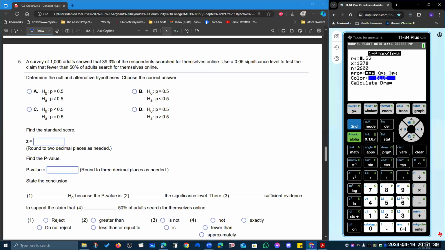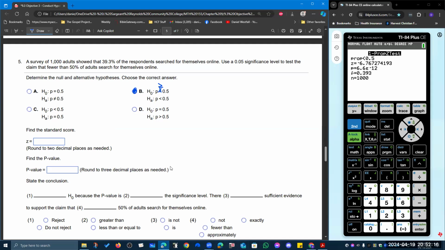So fewer than 50%, using the information that we have, 39.3% of our 1,000 adults here, and we want fewer than 50%. It's this one, and again, there we go.